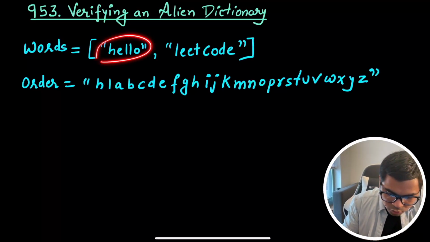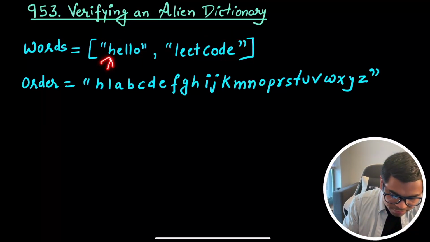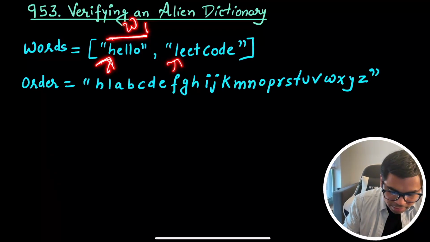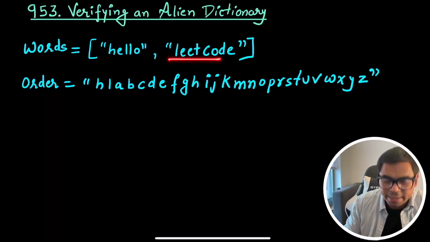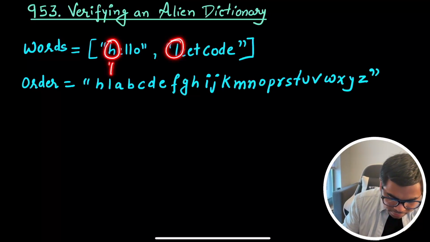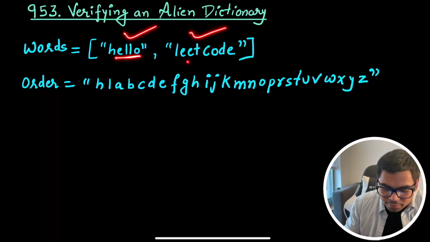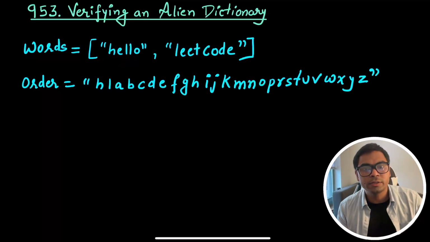So if I'm comparing these 2 words for our alphabets A, B, C, D, E, F, G, I will compare the very first letters, and check if my first word, this is my word 1, has its first letter, which is H, come before the first letter of the second word. And I can tell that H comes before L, right? So this would be true. And you don't care what comes next. It's the first different letter that you compare.